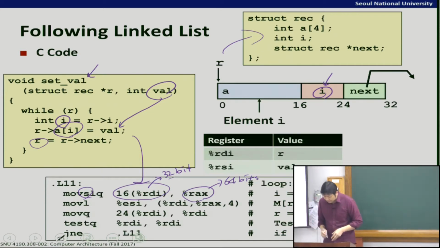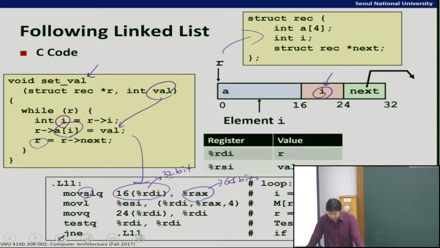So basically, you read the value of the field I in the current node, because this value starts at offset 16. The compiler already knows the layout of the struct, so it knows this field starts at offset 16 from the beginning of the node.